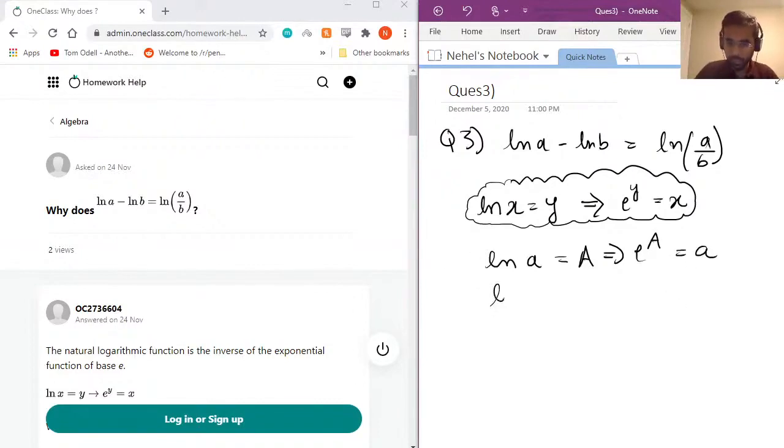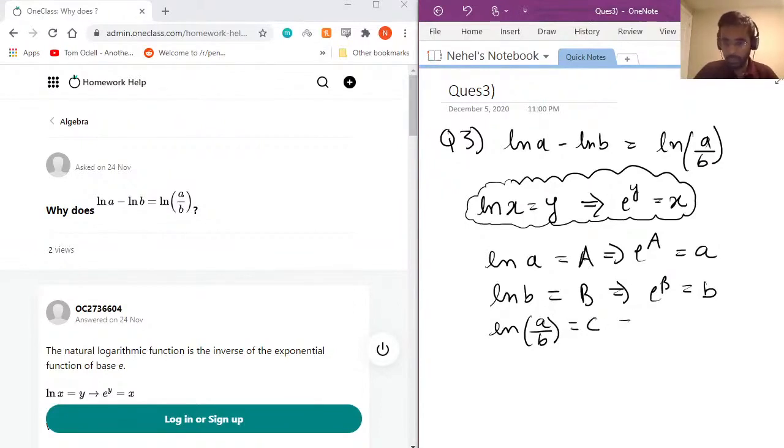Similarly, ln of b is equal to some value capital B, which implies e to the B is equal to small b. There would also be some numerical value for the logarithmic term of a over b, and we can call that numerical value C.